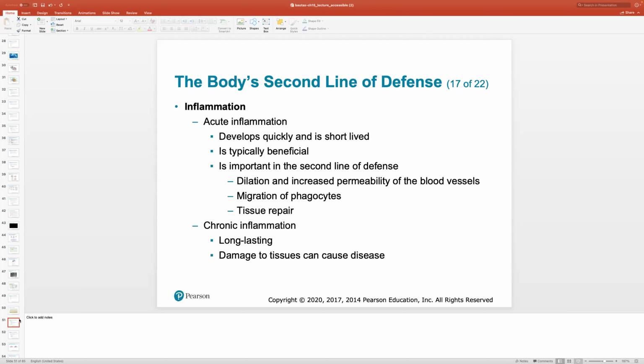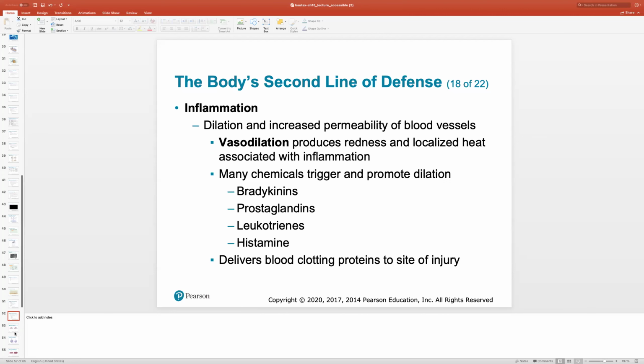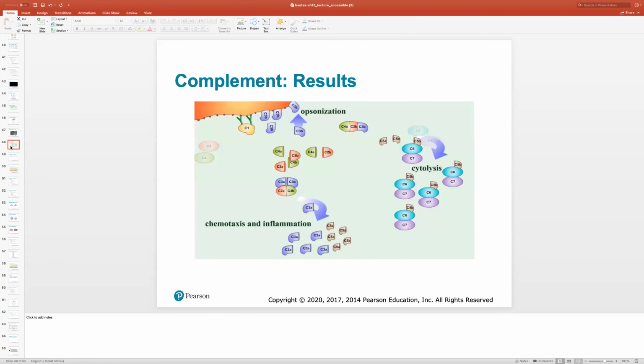So, what is it? The blood vessels have dilation and increased permeability. Vasodilation is going to produce redness and localized heat, and many chemicals will trigger and promote dilation.